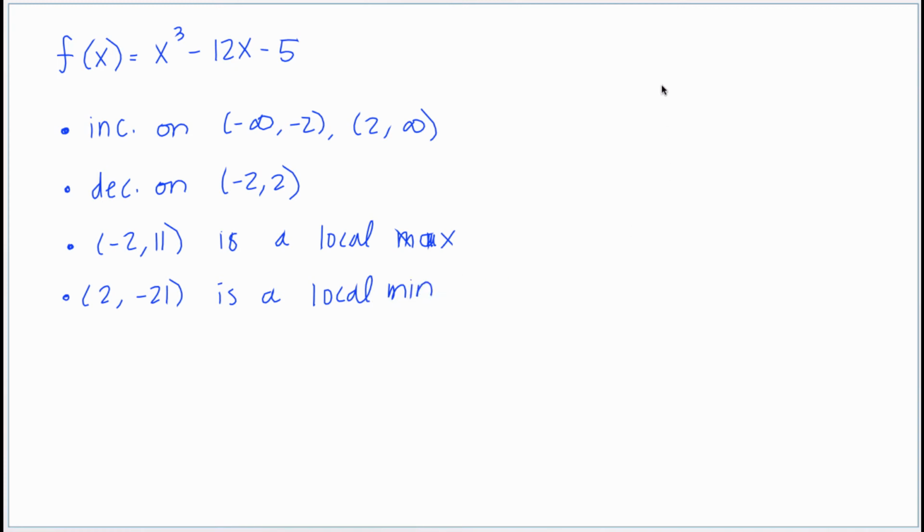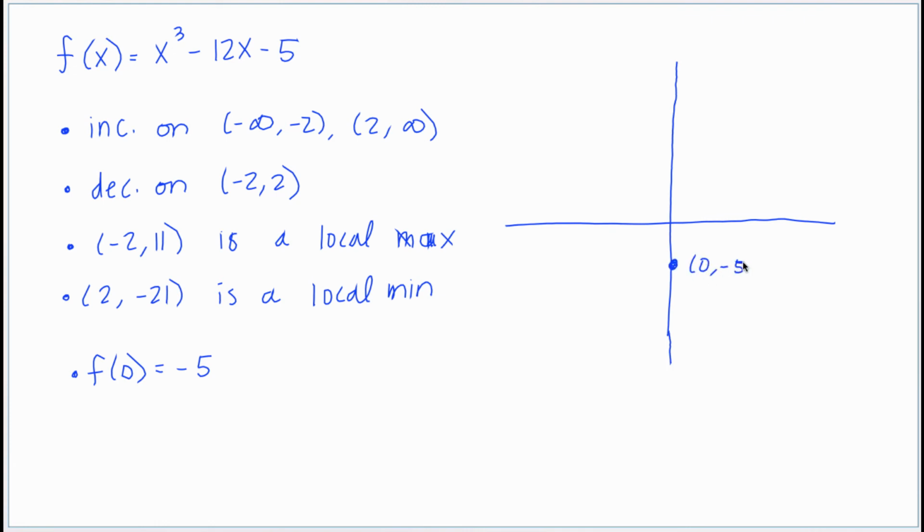We can now put all of this information together to sketch a graph of this function. And just so that we have a point to work with, we know that f of 0 is negative 5 just by plugging x equals 0 in. So we know for sure that we go through the point (0, -5).